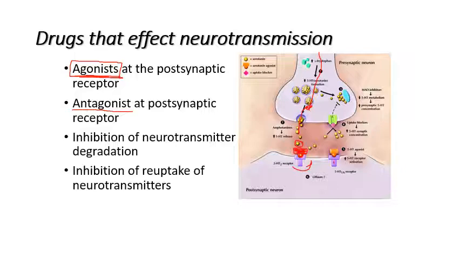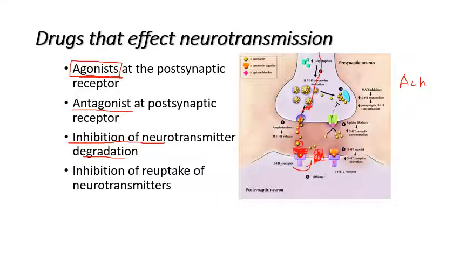We can also inhibit neurotransmitter degradation. When we saw acetylcholine, how did we get rid of it? There was an enzyme that broke down acetylcholine. What if we blocked that enzyme?